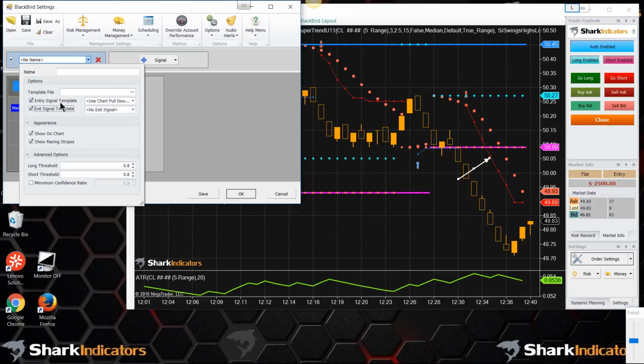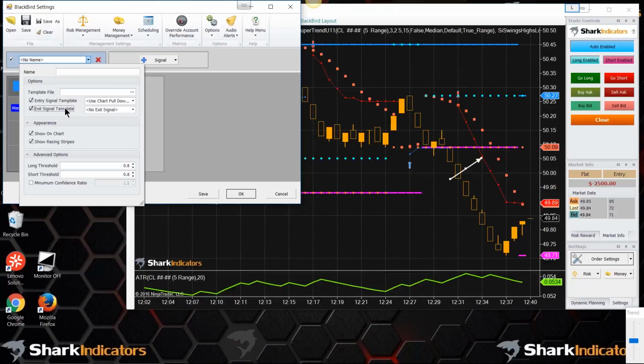If you're using Bloodhound inside of BlackBird, just follow the same time frame guidelines as is recommended with Bloodhound. It's recommended that if your Bloodhound is using multiple time frames, things will run better if your Bloodhound is set on your lowest time frame.